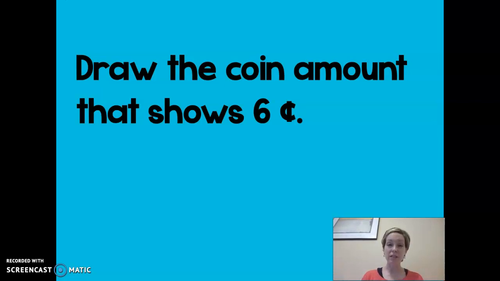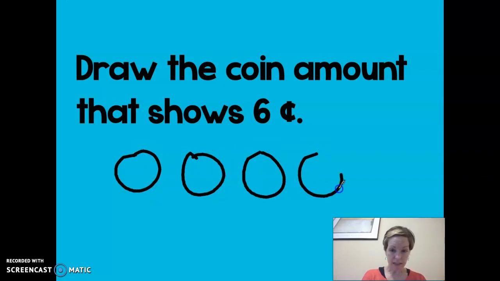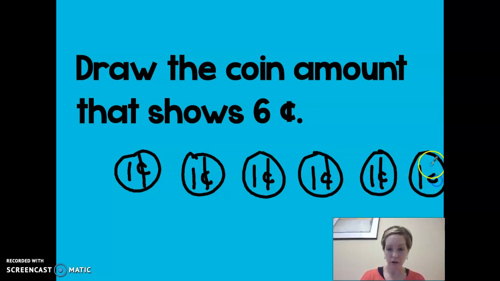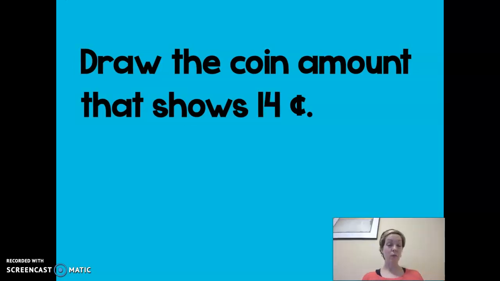So all that I'm going to do is draw 6 little circles here, and in each circle, I'm going to draw 1 cent. And that is much simpler than trying to draw the 16th president of the United States of America, right? Of course, right.